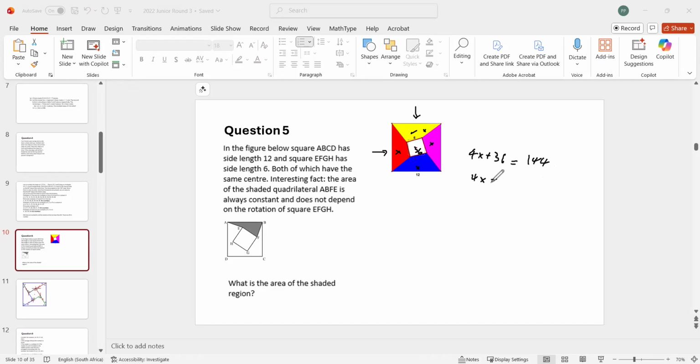So 4X is equal to, bring the 36 to the other side, and you get 108, and X is 27, dividing by 4. And that's what we got earlier on. So it's regardless of the angle through which this is rotated. You're going to get that the area is going to be 27.